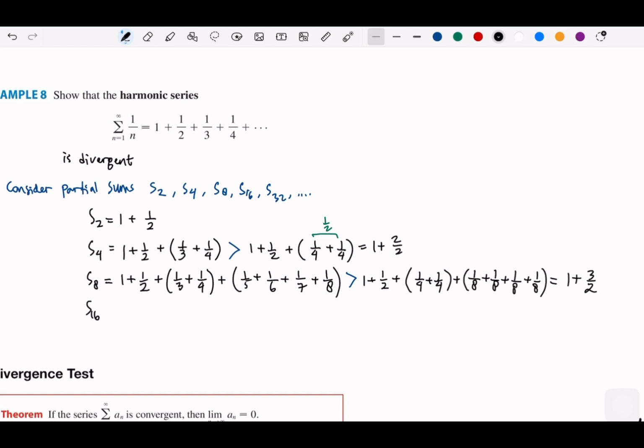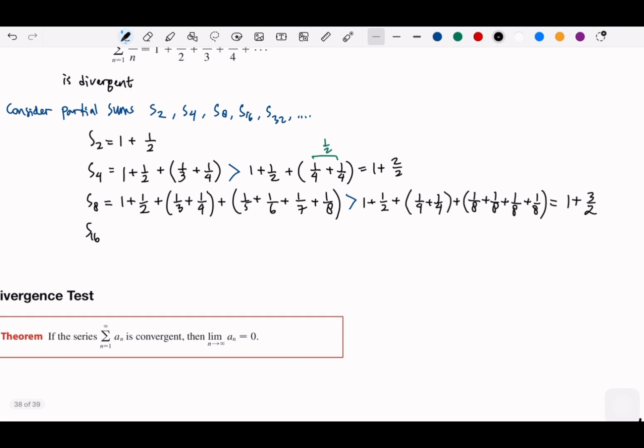So this means that every time we increase the n, the left part is always greater than this. And this is going to increase forever. As we increase the n, it is not going to stop. So we can conclude that this harmonic series will always be divergent.